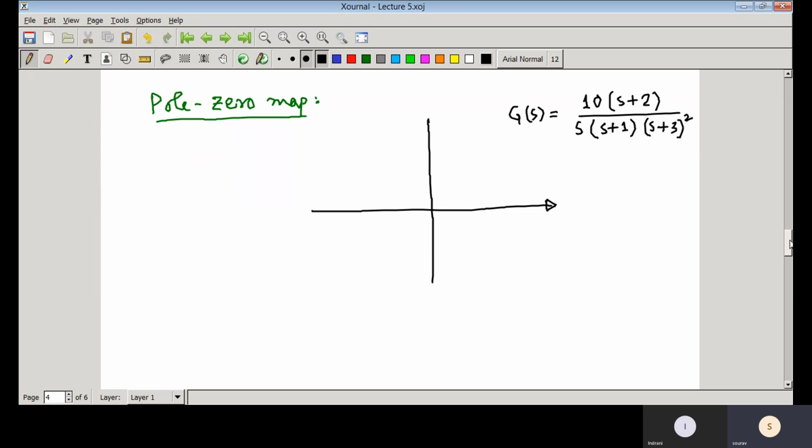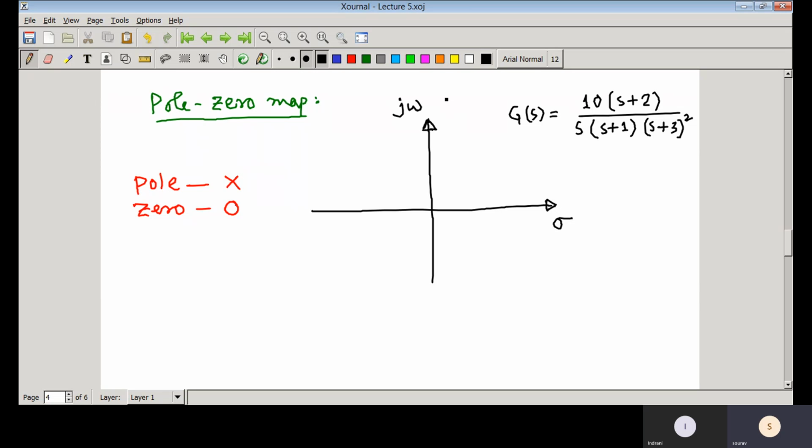We use some symbols in the pole zero map: a pole is indicated by a cross and a zero is indicated by this symbol, a small circle. In this example, let us first see what plane it is. This plane is sigma j omega, that means this is a complex plane.